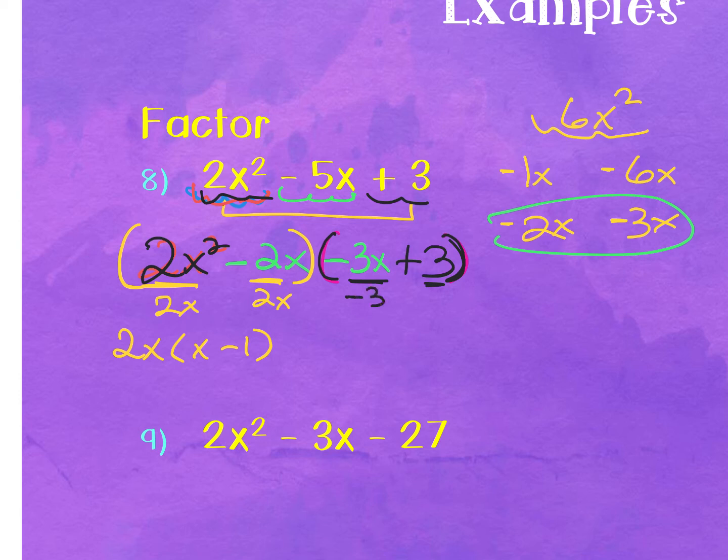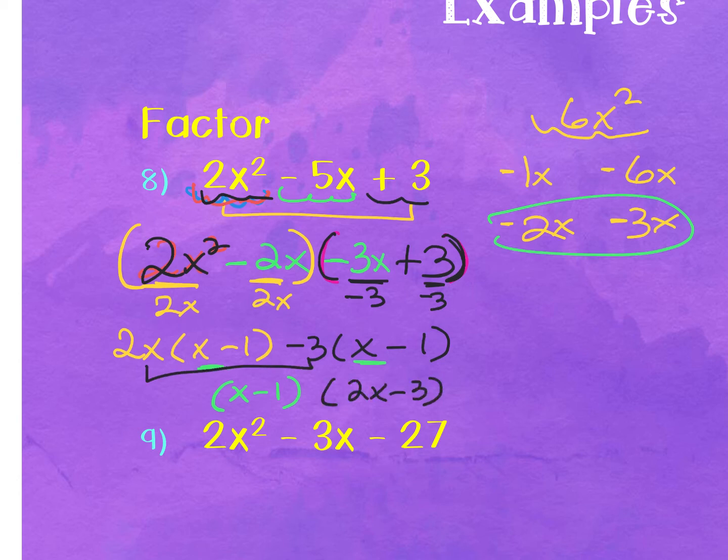So I'm going to pull out a negative 3. And then I get x minus 1. Notice my two parentheses are the same. So that's my first factor, x minus 1. And then put these two terms together, the 2x minus 3. And you're done.